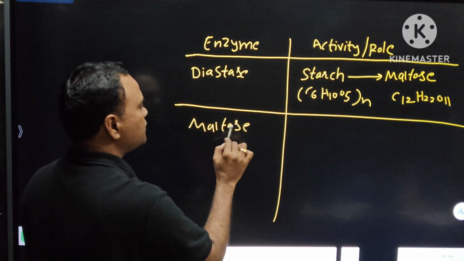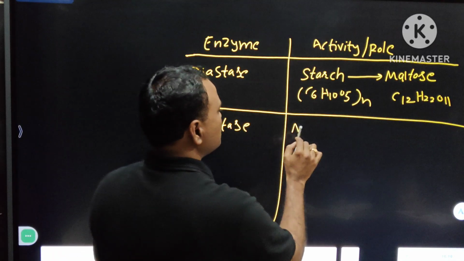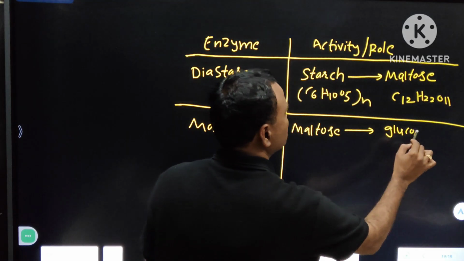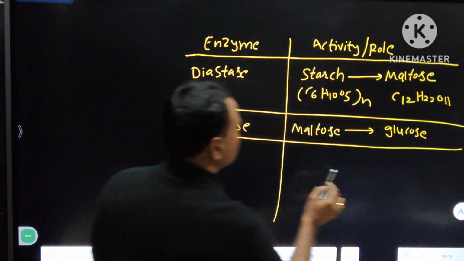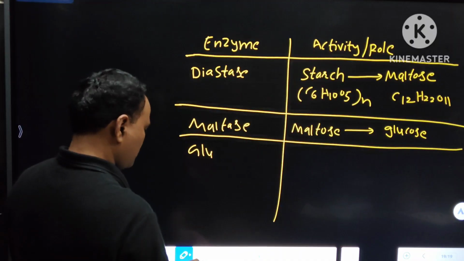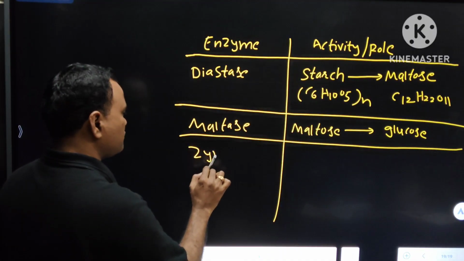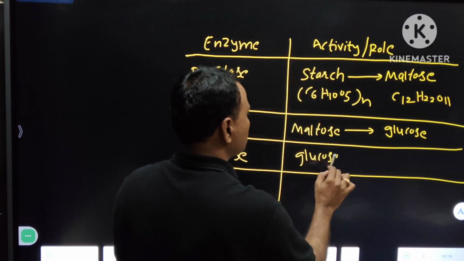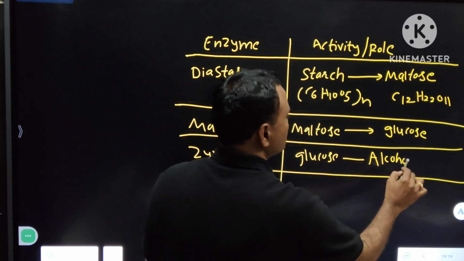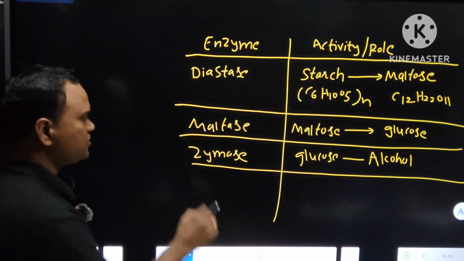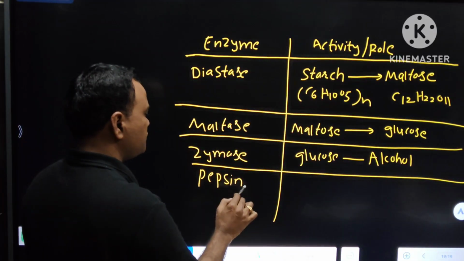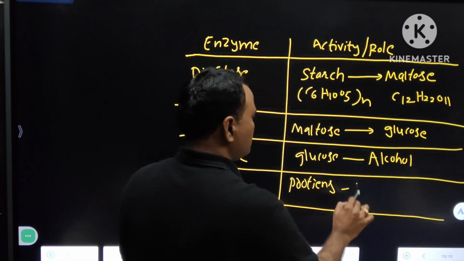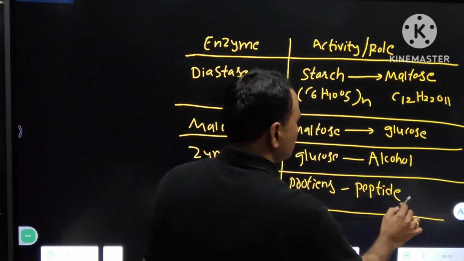Maltase converts maltose to glucose. Zymase converts glucose to alcohol. Pepsin converts protein to peptides. Note down this.